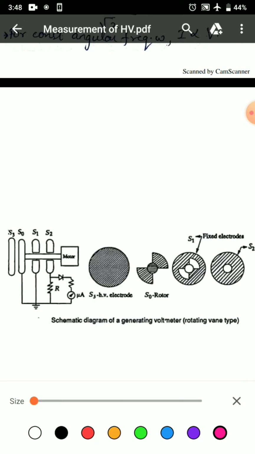A high voltage source is connected to a disc electrode S3, which is kept at a fixed distance on the axis of the other low voltage electrodes, that is S0, S1, S2.